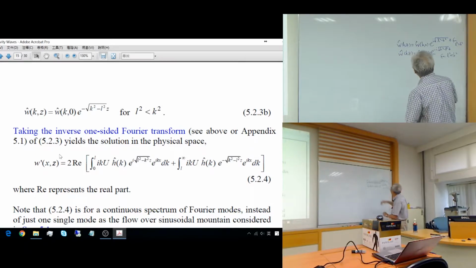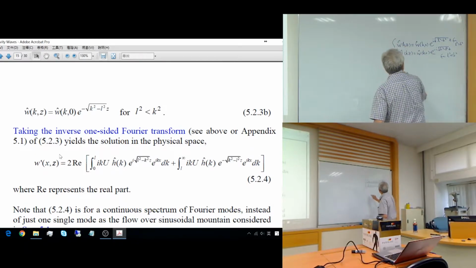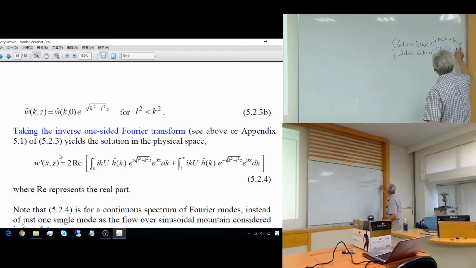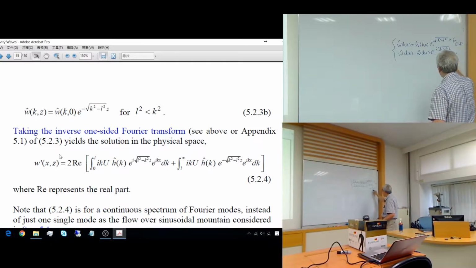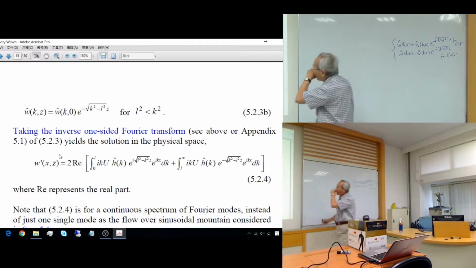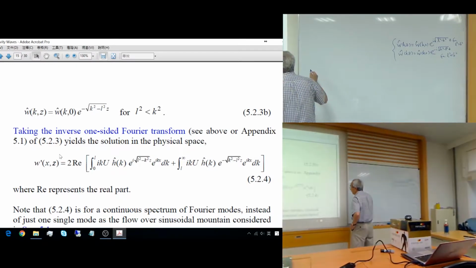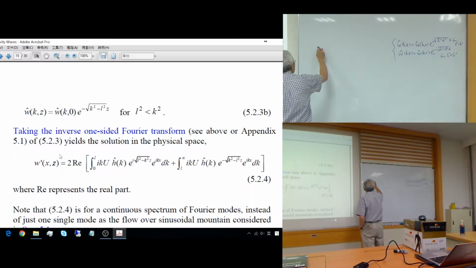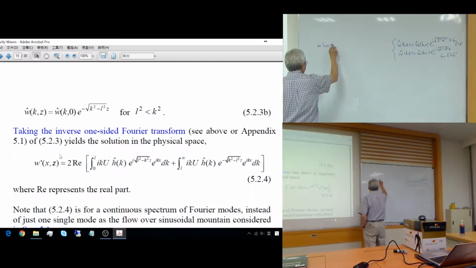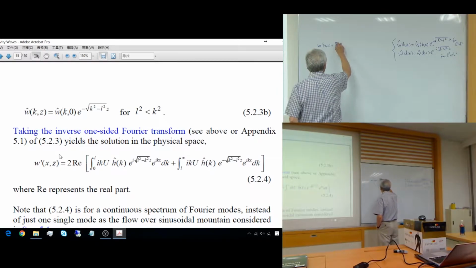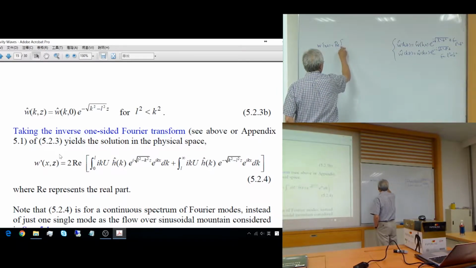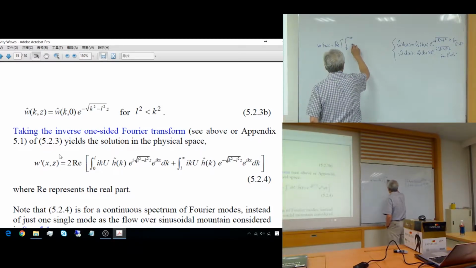Okay, so we have these two solutions, this is for k less than L, this is for k greater than L. Okay, and then we do the Fourier transform backward. So then if we do that, we have W prime of x, g equals the real part of the integral from 0 to infinity of W hat of k, g.